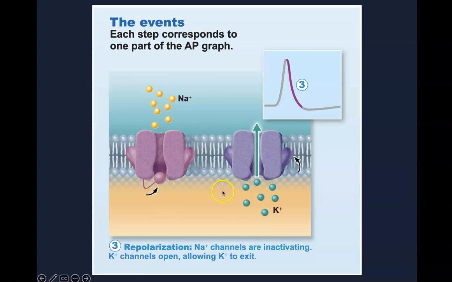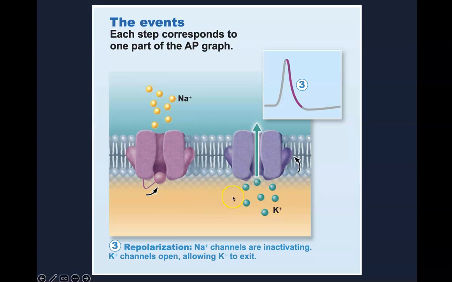At the same time, the potassium channels are going to be triggered to open, now allowing potassium to rush back out. Because remember, we just made the inside of the membrane much more positive, close to positive 30 millivolts. So now we need to return the interior of the membrane to a more negatively charged state by releasing positively charged ions out. And we have to, of course, use our concentration gradient.